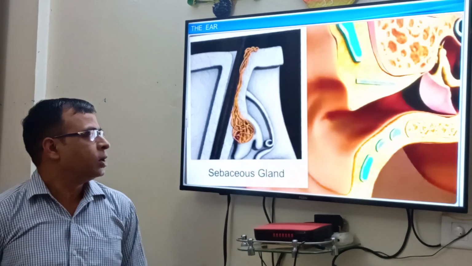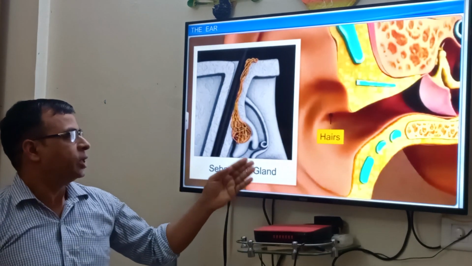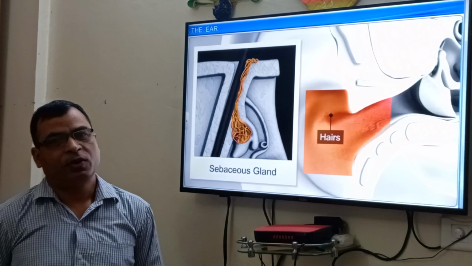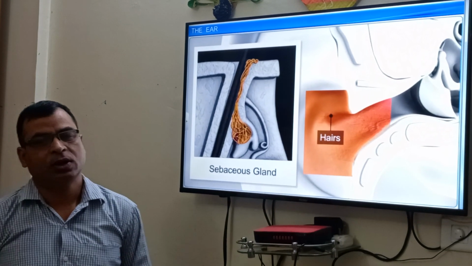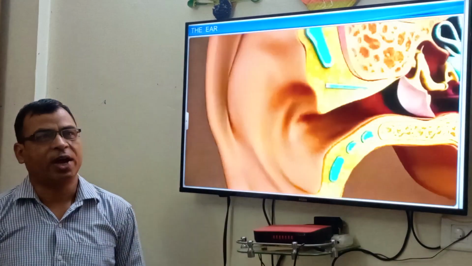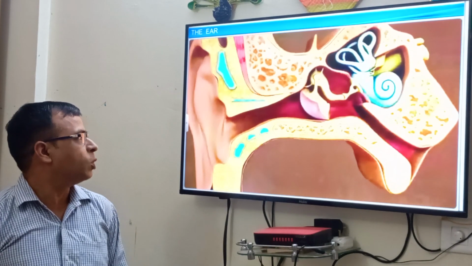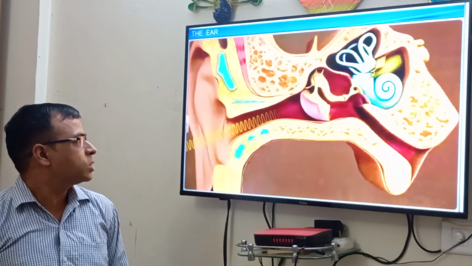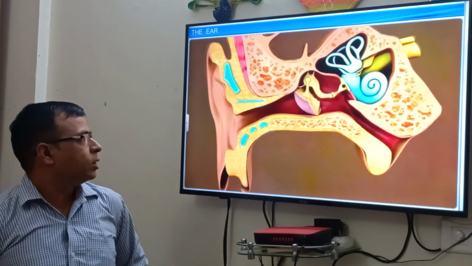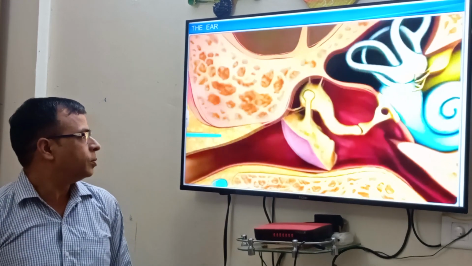It has sebaceous glands that secrete wax and very fine hairs that prevent dust particles and small insects from entering.